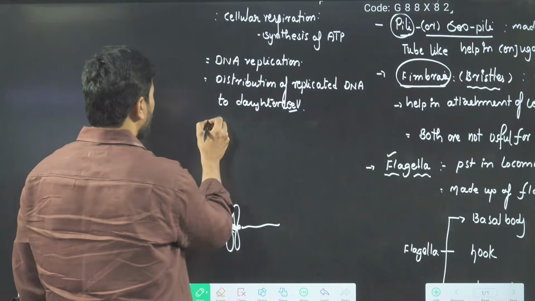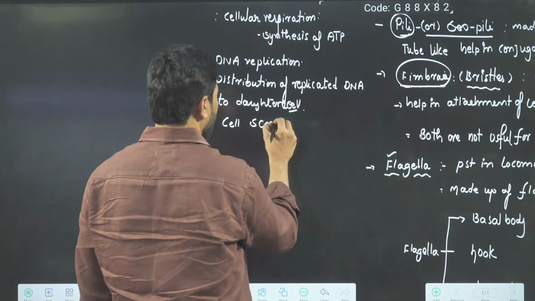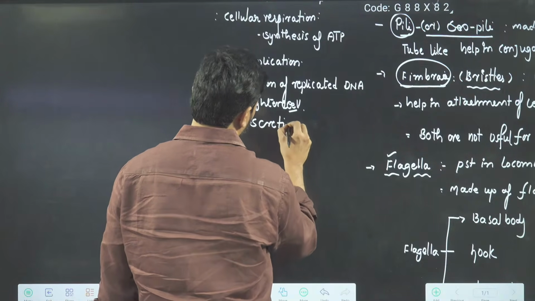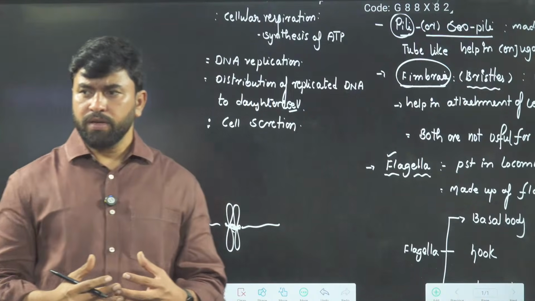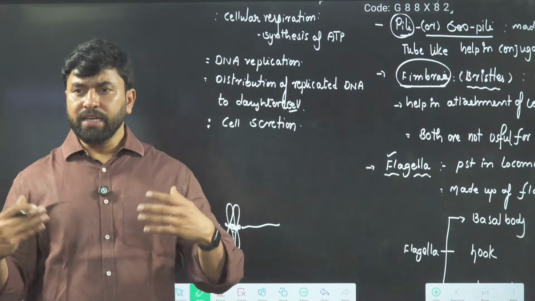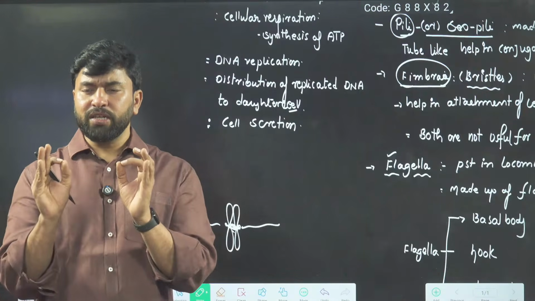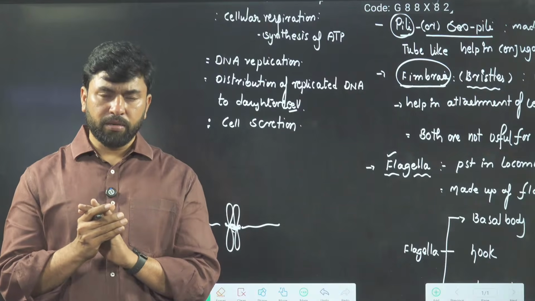Next one. One more function, cell secretion. What does it mean by cell secretion? Anything that goes out of the cell. In a eukaryotic cell, the secretion is under the control of a special cell organelle called the Golgi complex. Later we will talk about it.